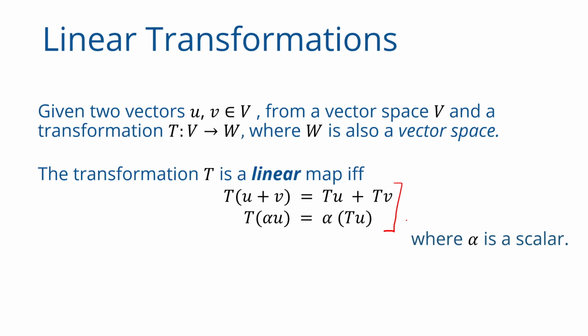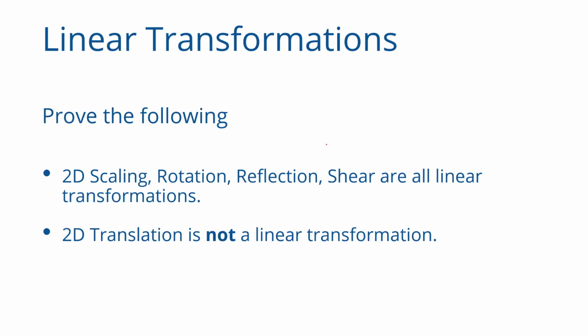We said that a mapping from one vector space to another vector space was considered linear if it followed these properties. And then I had asked you to prove that these particular transformations are all linear. They are all representable as 2 cross 2 matrices, whereas 2D translation is not a linear transformation.